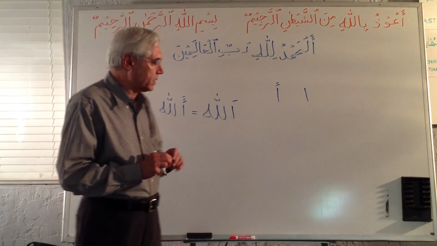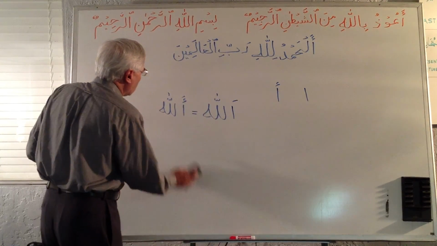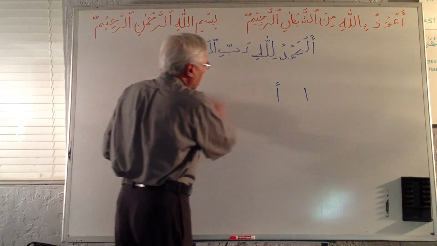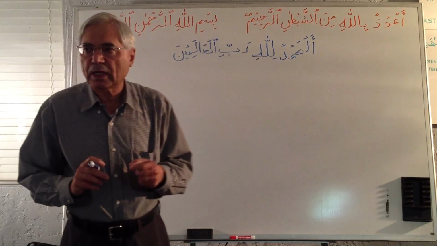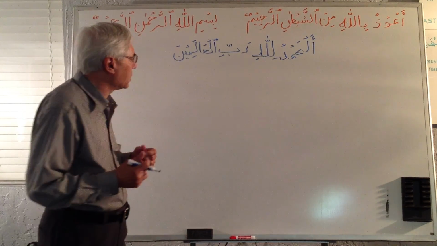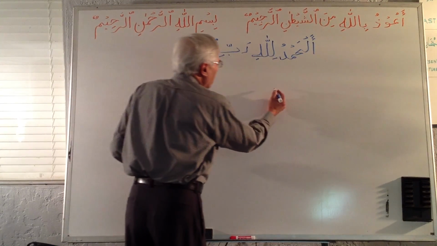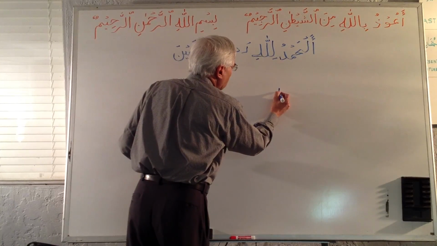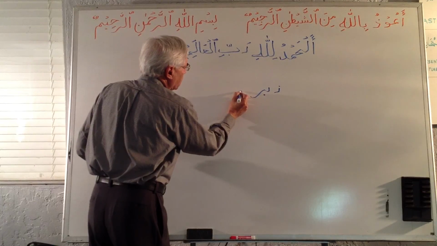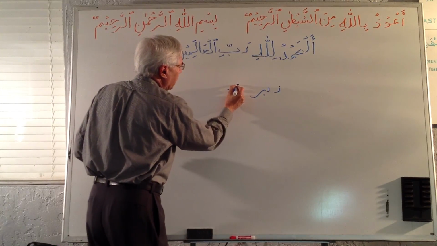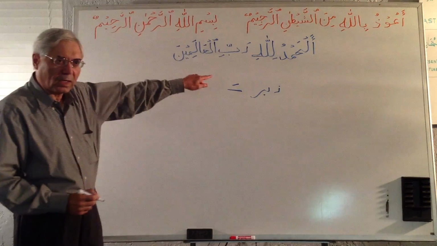So the other thing is that when we learn Quranic Arabic, we will have to use different names for the harakats. What are harakats? We know that we have something called zabar, which is represented by a line and a little line on top of that.